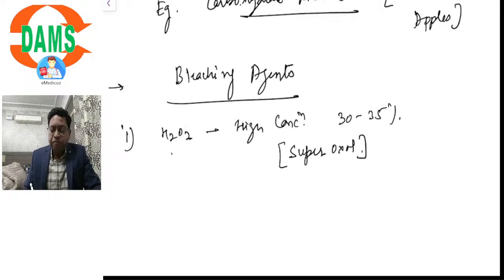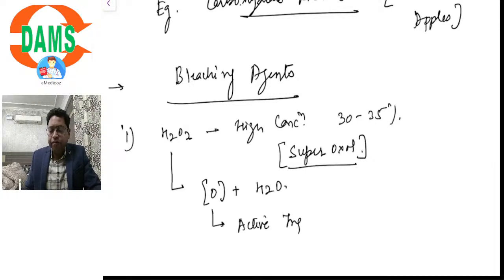This hydrogen peroxide breaks down to release nascent oxygen plus water. It is a highly unstable solution at such high concentrations, which are called superoxol. This nascent oxygen is the active ingredient.